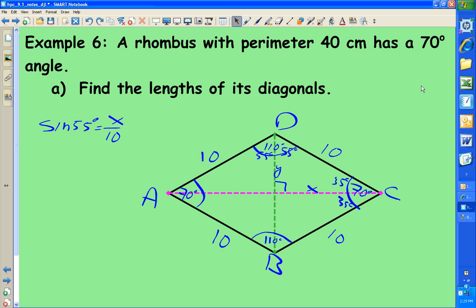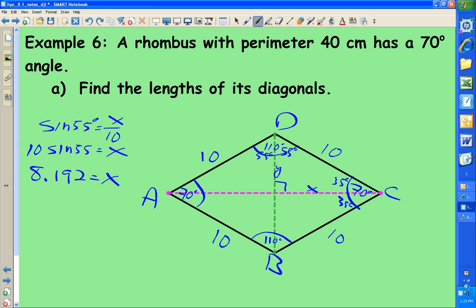So the sine of 55 is x over 10. So 10 times the sine of 55 is equal to x. What'd you get? 10 sine of 55 is 8.192.